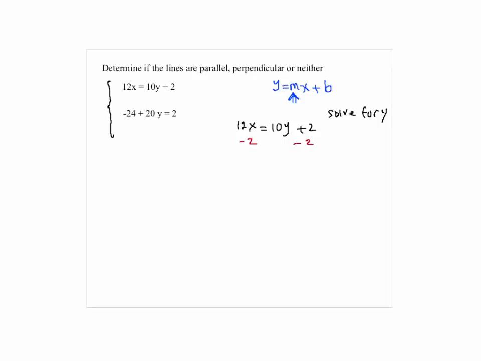Then on the right hand side I get 10y, and on the left hand side you get 12x minus 2. So let's write this as 10y is equal to 12x minus 2. And to solve for y, we need to divide each term here by 10.